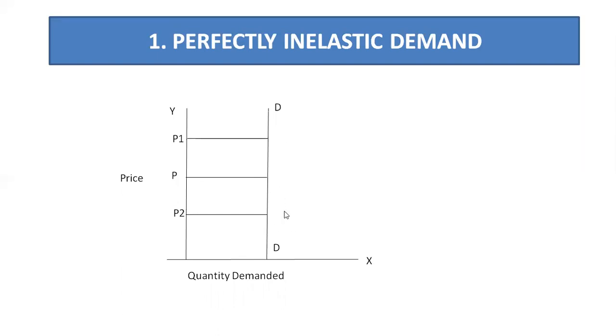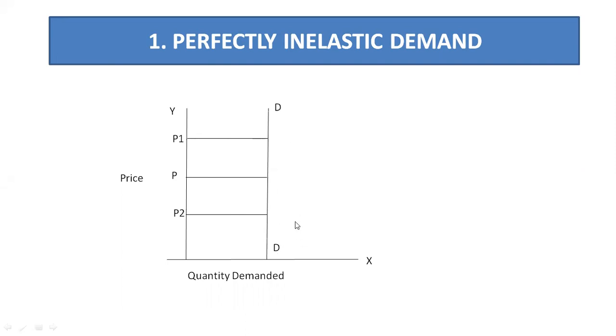There is no change in the quantity demanded. Therefore, here EP, that is price elasticity, equals 0. So the coefficient value is 0. Therefore, it is also known as perfectly inelastic demand. The figure shows that whatever the price may be, the quantity demanded of a commodity remains unchanged.